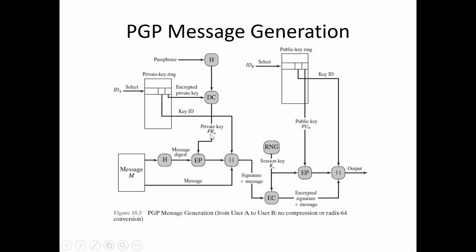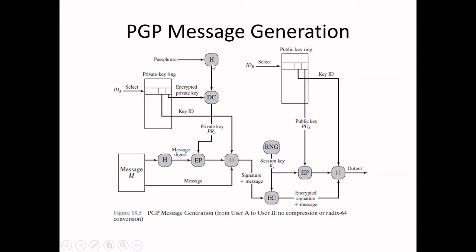So the private key resides in the private key ring, right? And we know the private key is stored in encrypted format. But in order to use it, we have to decrypt it, right? So the system asks the user again for the passphrase which was used earlier, and the hash of the passphrase is generated using, say, the SHA-1 algorithm, and that is the key for this private key.